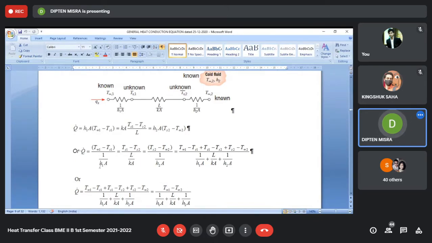On the other hand, the larger the value of h, the smaller will be the resistance, and even with a smaller temperature drop, the heat flow can occur. Now there will be a special case where h approaches a very large value, which we mathematically call infinity. Now when h approaches a very large value, then the resistance approaches 0.